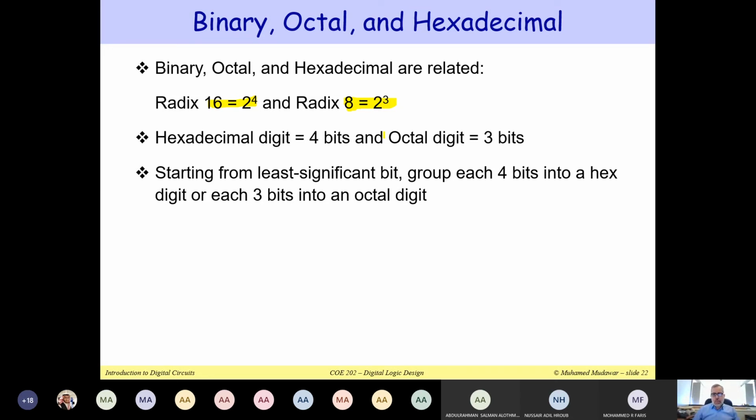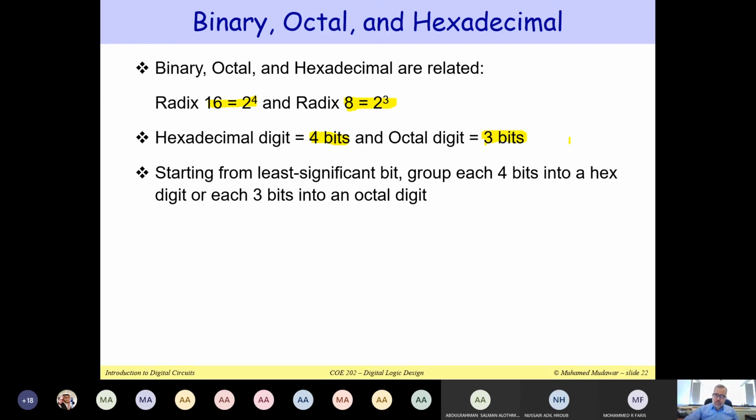Now, because they are powers of 2, as we have seen in the previous slide, we can represent every hexadecimal digit with 4 bits, and we can represent every octal digit with 3 bits. Why? Because in octal we have radix 8, 2 to the power 3, so we can use 3 bits to represent a single octal digit.